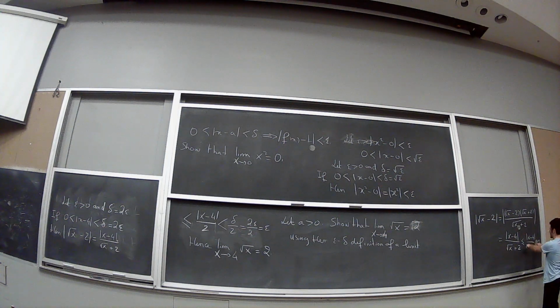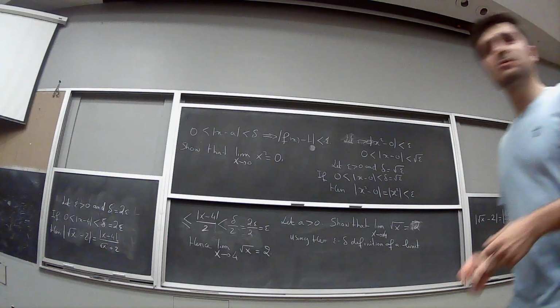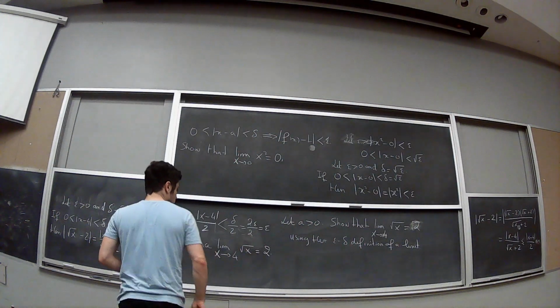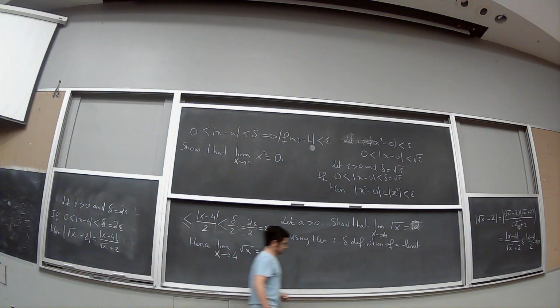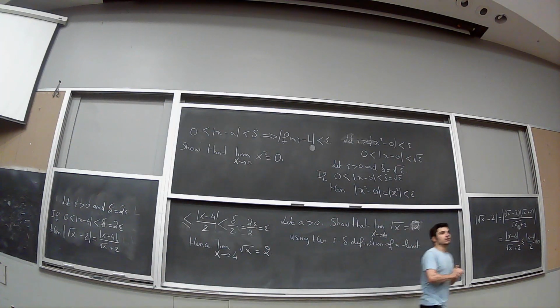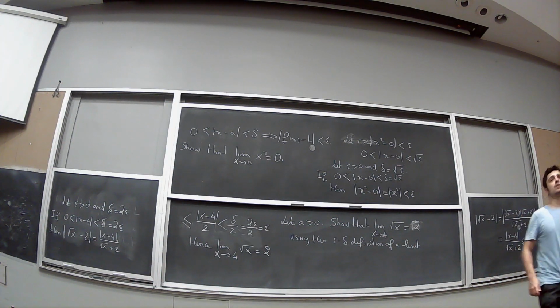So if I make this one less than epsilon, then this one is less than epsilon. If the bigger term is less than epsilon, then the smaller term is less than epsilon. Right? Okay, it's not easy, but we have a lot of problems in the book, so I invite you to do that. And now let's move on. Any questions?